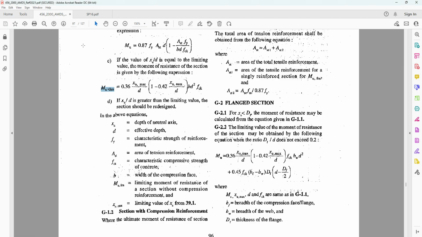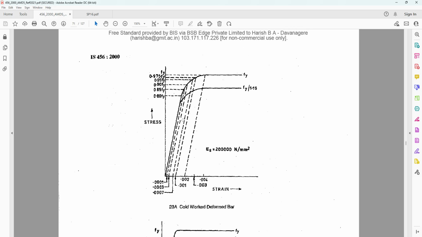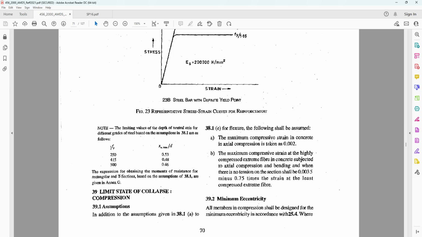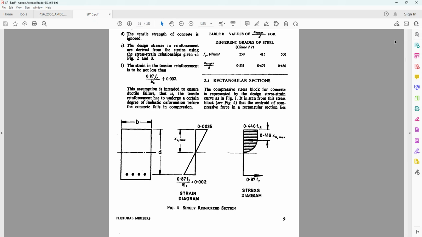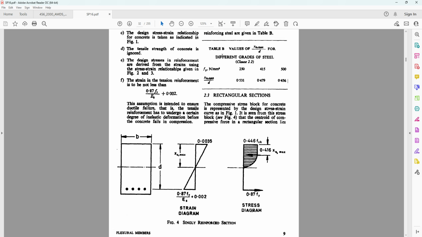So page number 70. See here, various grades of steel and corresponding xu max by d values. This is IS 456, page number 70. Similarly, if you refer SP 16, it is on table B, with different grades of steel and corresponding xu max by d values.